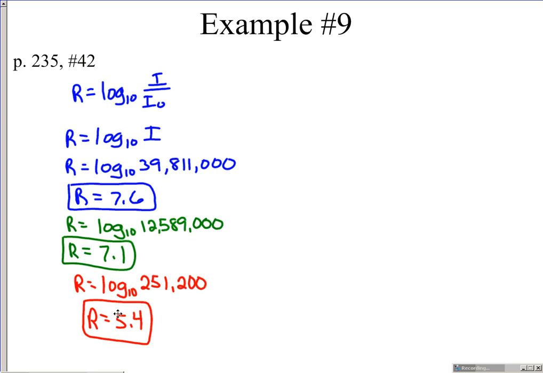So you can see how measurements on the Richter scale can be misleading to the general public if they do not understand that this is a logarithmic reading. In other words, this is our value of r. That's the exponent that we would put on 10 each time to get the actual intensity of the earthquake.